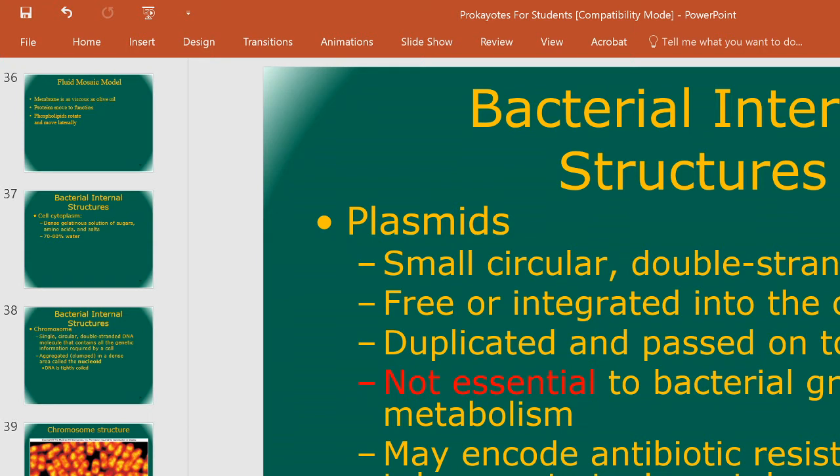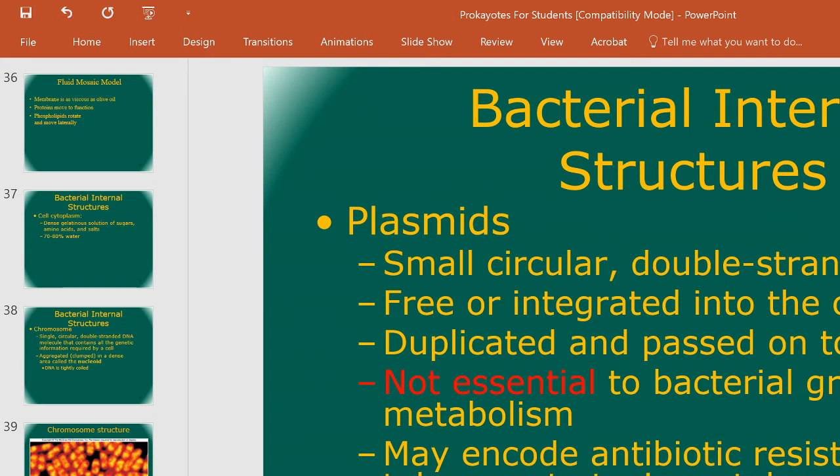They can be replicated, they can be shared, but they're optional. If a bacterial cell does have plasmids, they usually give them some advantage, right? Whether it's resisting a drug, resisting something that's toxic, making some special enzyme or some special toxin. So it's usually a good thing for the bacteria, maybe a bad thing for us, these plasmids.